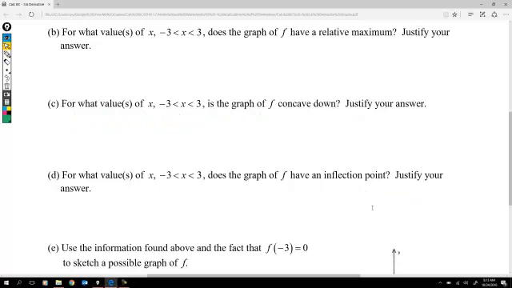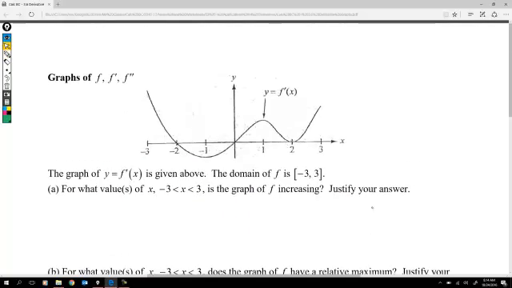Essentially, I'm going to be looking for extrema on my first derivative graph. All right, so it looks like I have a point here, looks like I have a point here, and it looks like I have a point here. All right, so it changes from decreasing to increasing at -1, changes from increasing to decreasing at 1, and then changes from decreasing to increasing at 2. Right, so -1, 1, and 2.